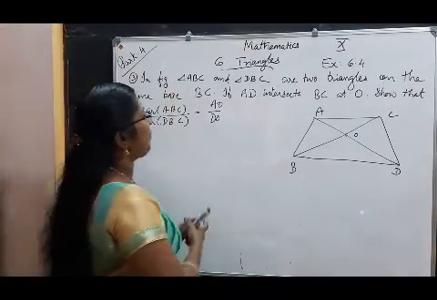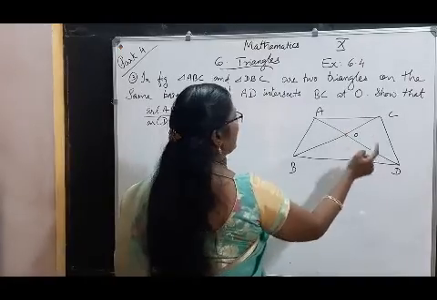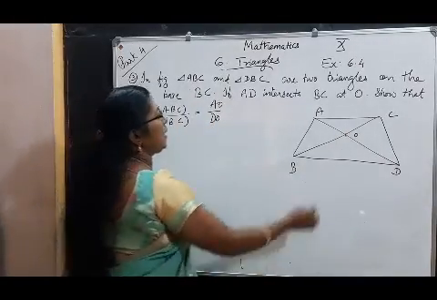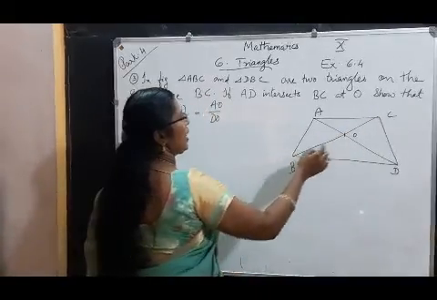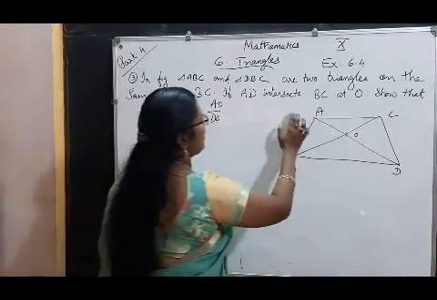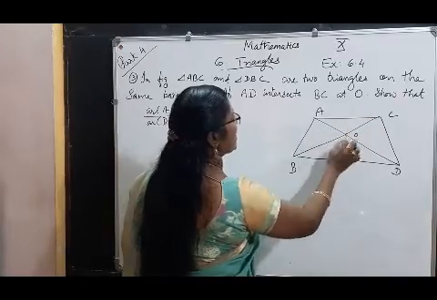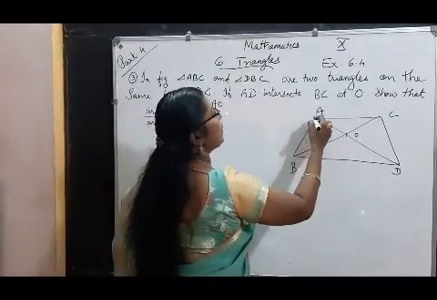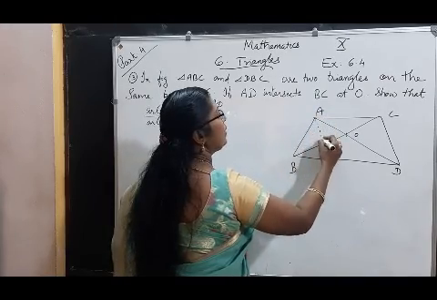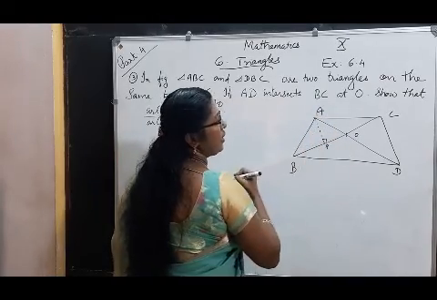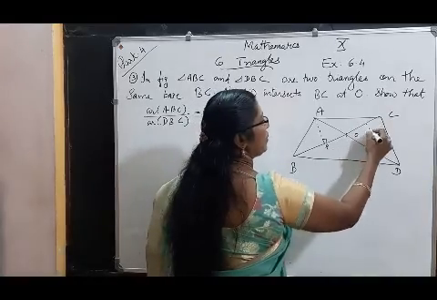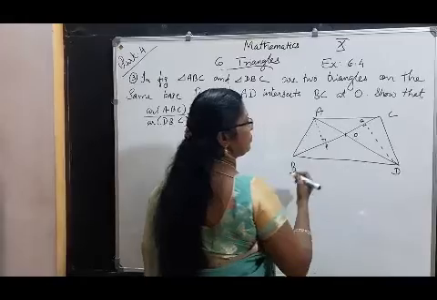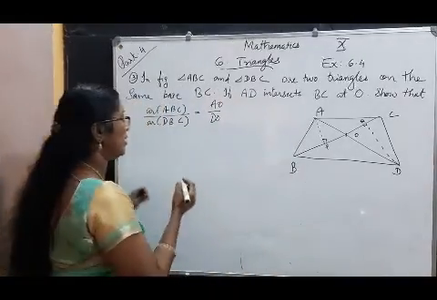Here triangle ABC and DBC are two triangles on the same base BC. Here same base BC, and AD and BC intersect at O. Then here we want to construct a perpendicular. Draw a perpendicular, this is AP, and another perpendicular, this is Q. That is our construction.